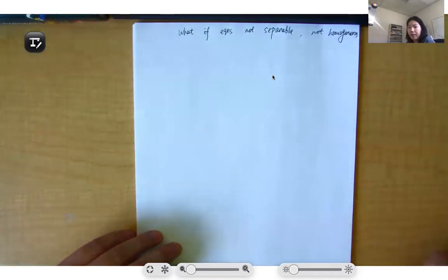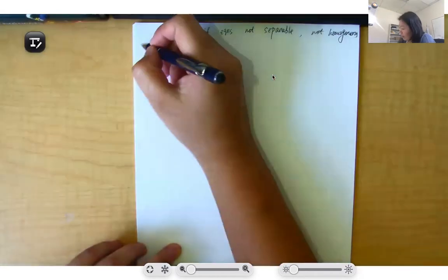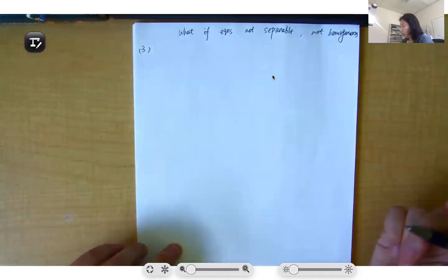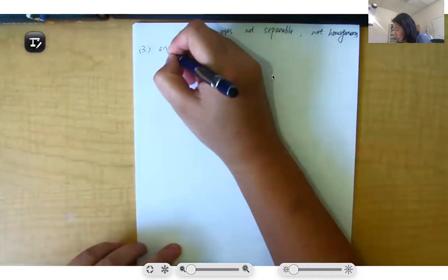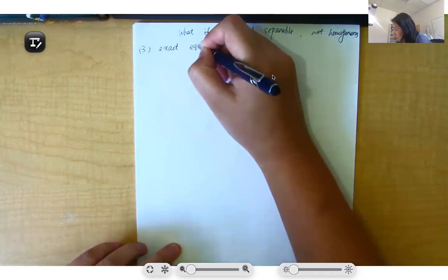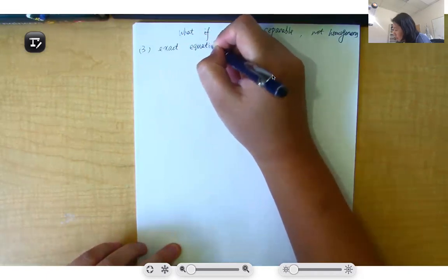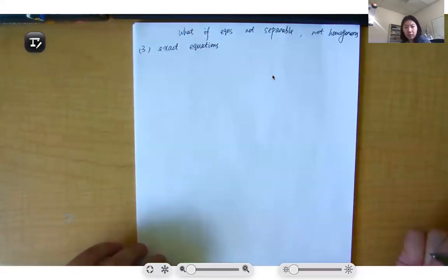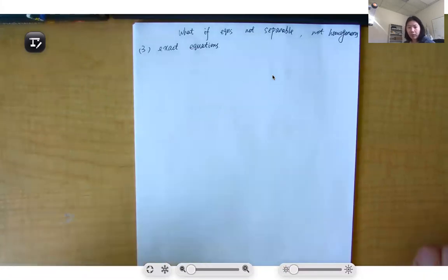Then that is the third type. We will talk about the ordinary differential equation which is called the exact equation. Okay, exact equations. So what is the definition of an exact equation? What does the exact equation look like?